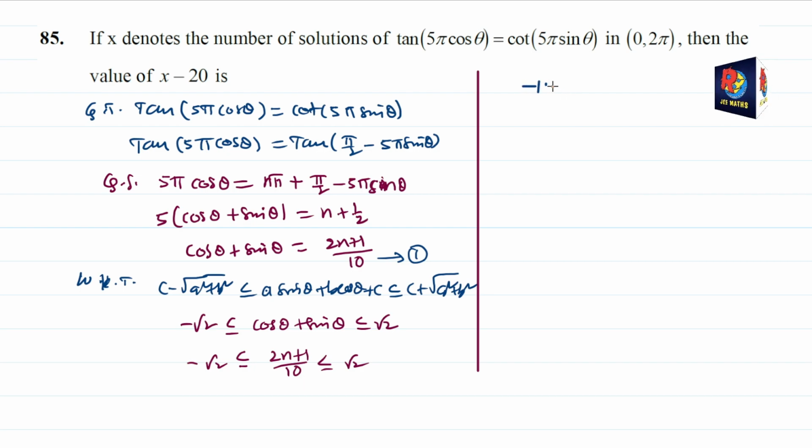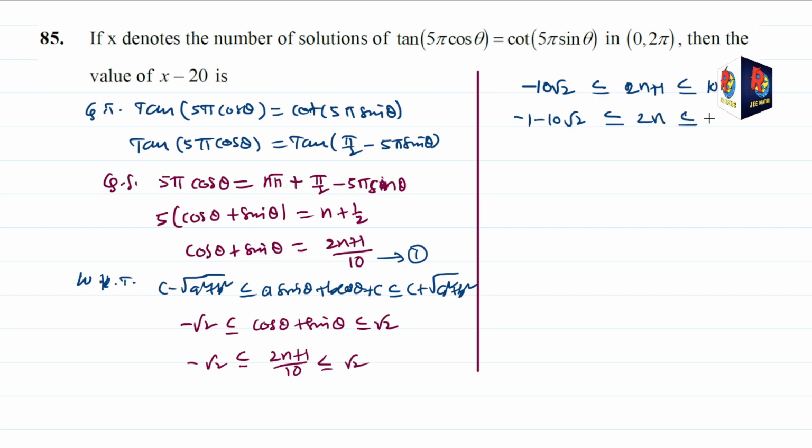So minus 10 root 2 is less than or equals to 2n plus 1 is less than or equals to 10 root 2. Now we need to subtract 1: minus 1 minus 10 root 2 less than or equals to 2n is less than or equals to minus 1 plus 10 root 2. Now dividing by 2: (minus 1 minus 10 root 2) by 2 is less than or equals to n less than or equals to (minus 1 plus 10 root 2) by 2.